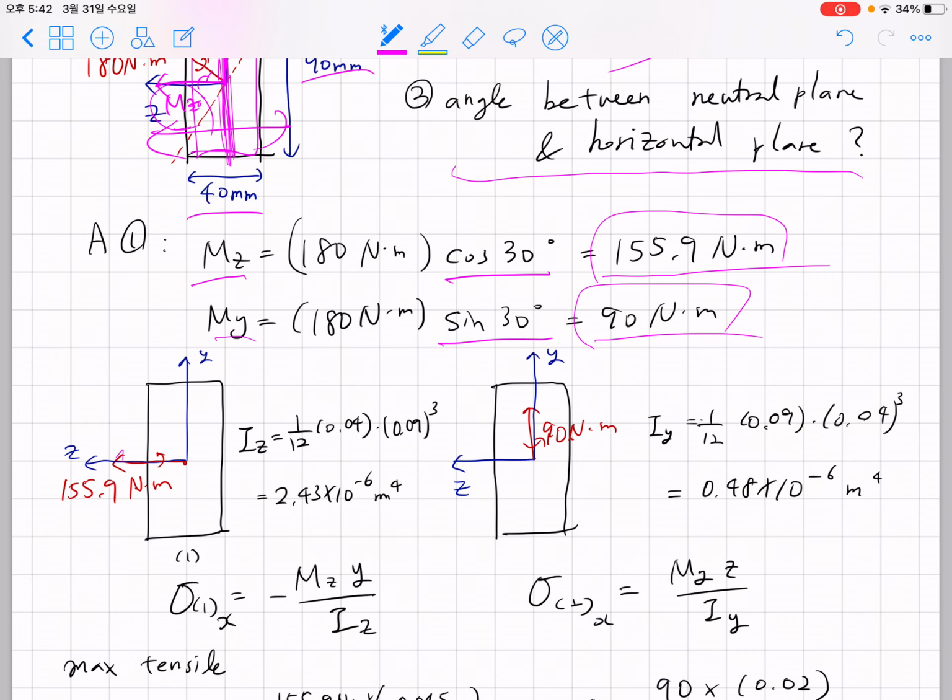Regarding the Mz deformation, if we obtain Iz, we do 1/12 times 0.04 meter, because it's 40 millimeter, and the height is 0.09 meter, cubed. If you do this calculation, this is the value of Iz you're going to get for this kind of bending. However, when you consider the My component and try to obtain Iy, instead of b, you have to multiply h here, and you have to put b cubed here, and plug in 0.09 and 0.04.